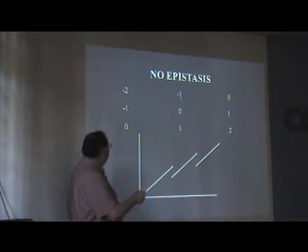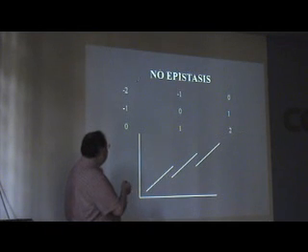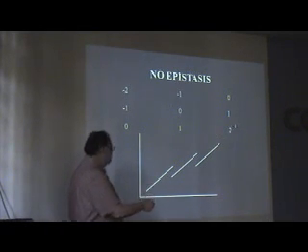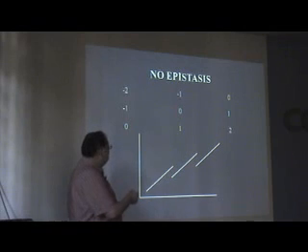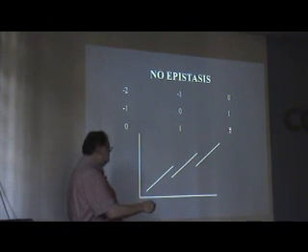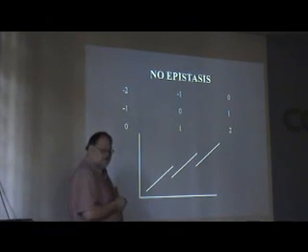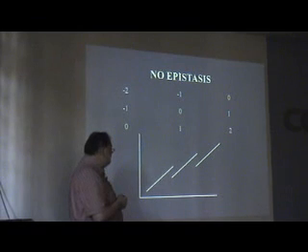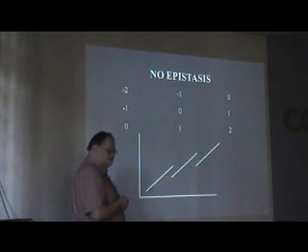Here in this column, it's +1 as well. And down this column, it's +1. So the additive genotypic value from column to column doesn't change. Likewise, if you look across the rows, the genotypic value in each row is the same. It's all 1. So here there's no epistasis.